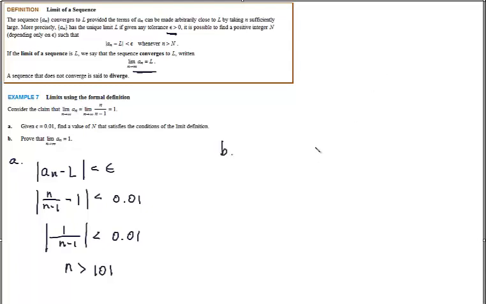We're just going to follow the definition of a limit of a sequence and go through to prove that the limit of this particular sequence equals 1.